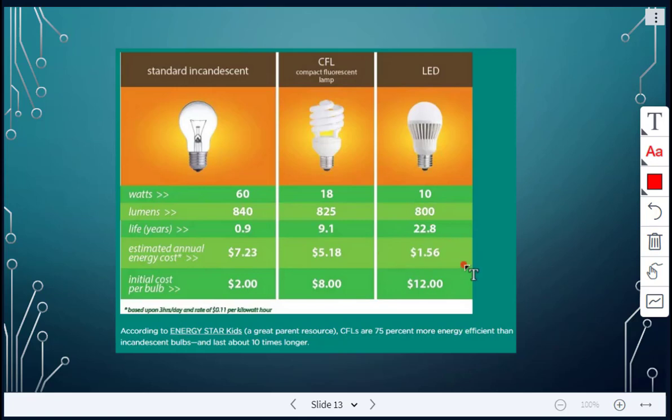The initial cost of the bulb is higher, but you are saving money in the long run when you look at the annual energy cost.